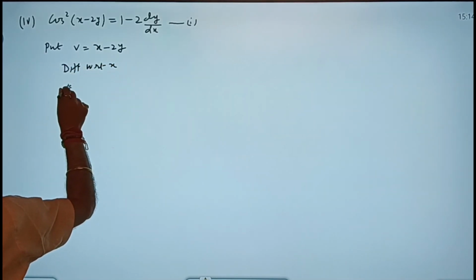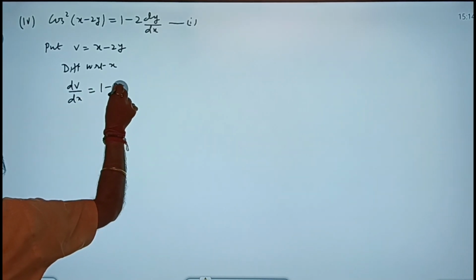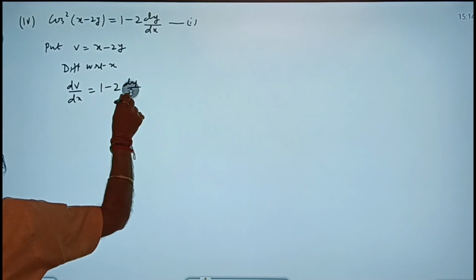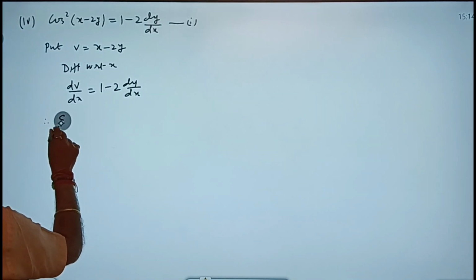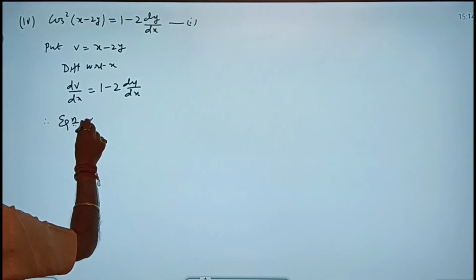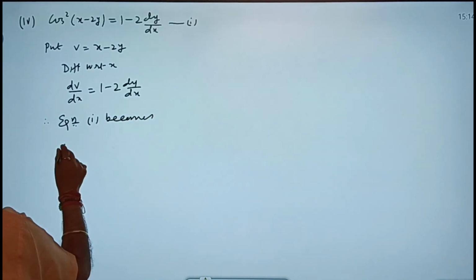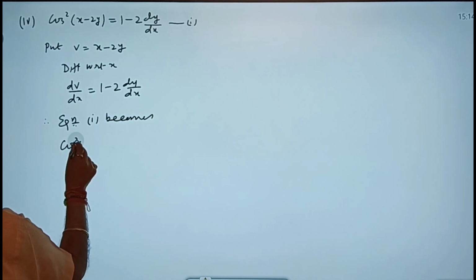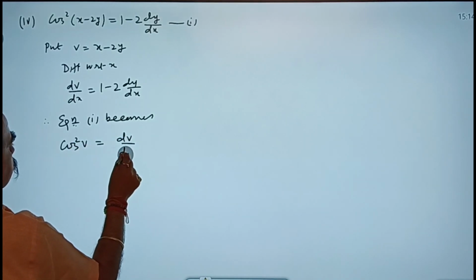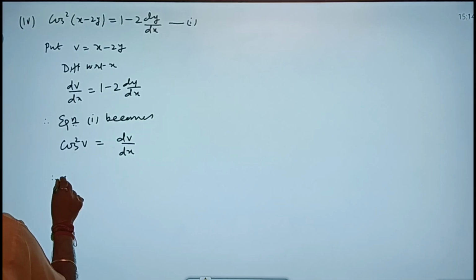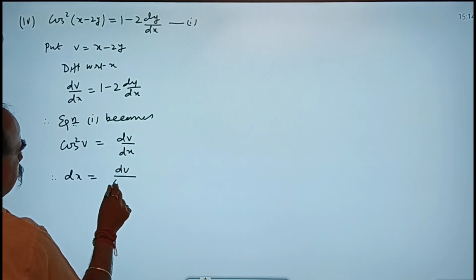Differentiating with respect to x, dv by dx is 1 minus 2 dy by dx. Therefore, equation 1 becomes cos square v is equal to dv by dx. So dx is what? dv upon cos square v.